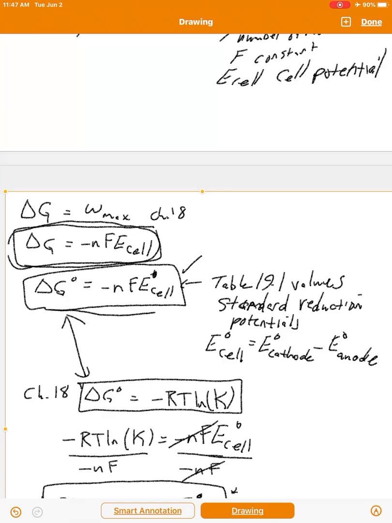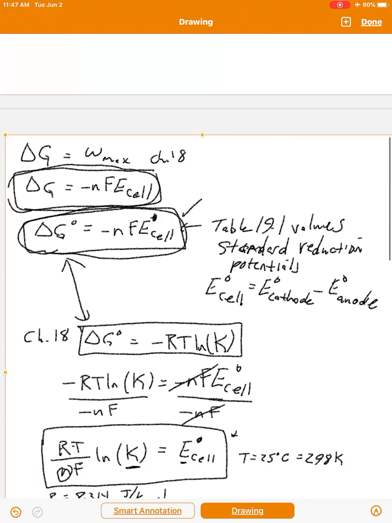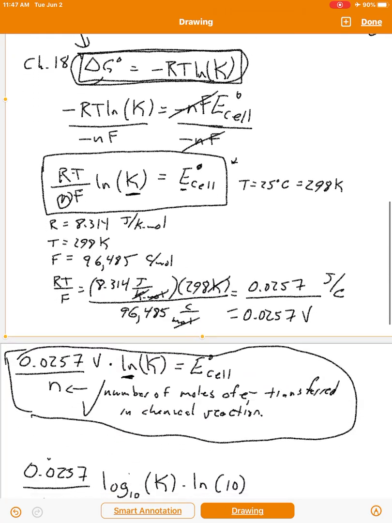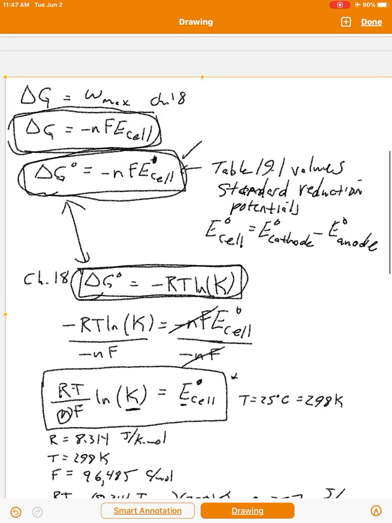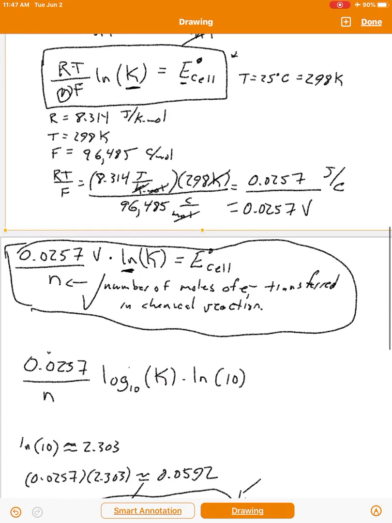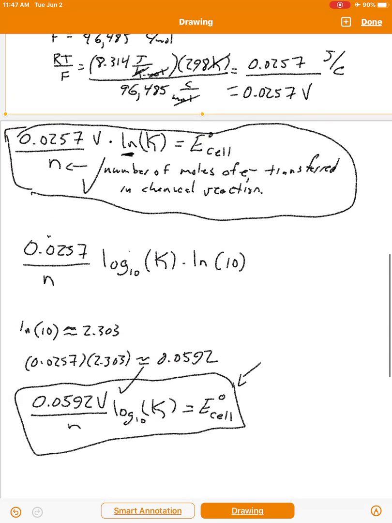So those two equations right there are the ones that are very, very useful. And if we want to connect free energy change to the equilibrium constant, we did that back in chapter 18, so that's not really this topic here, but it's connected. So it's really those two up here, and then this final result over here.